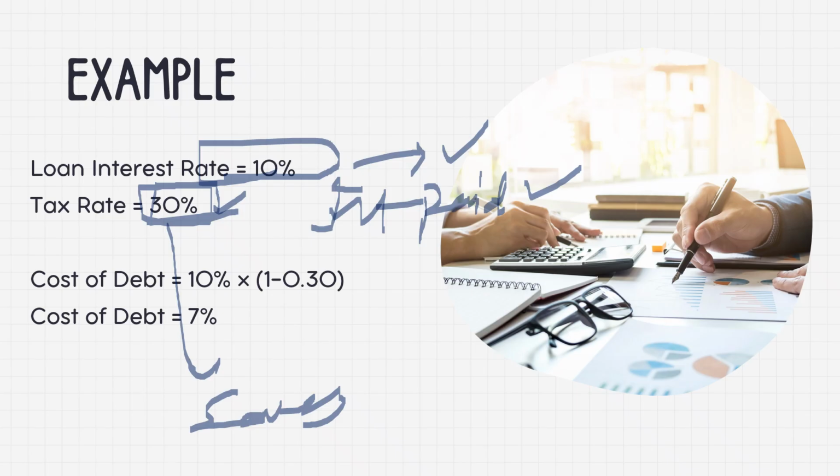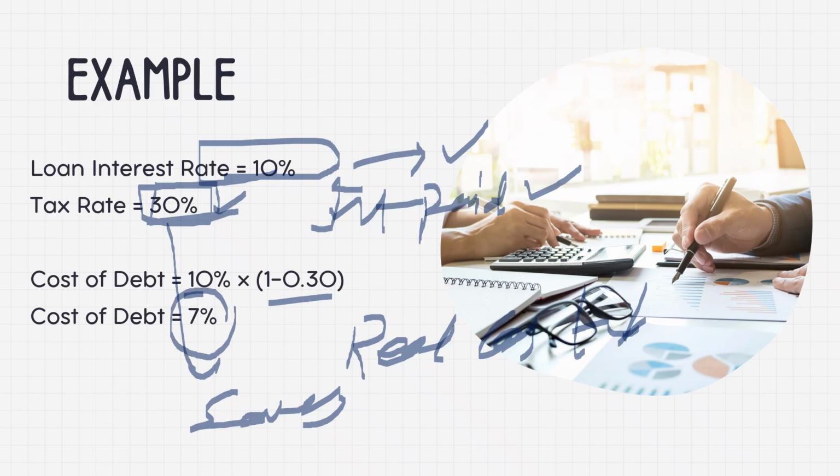Because of the tax savings, the real cost of borrowing becomes lower. So the cost of debt here is 10% into 1 minus 0.3, which is 7%. Instead of paying the full 10%, the company's actual borrowing cost becomes 7%.